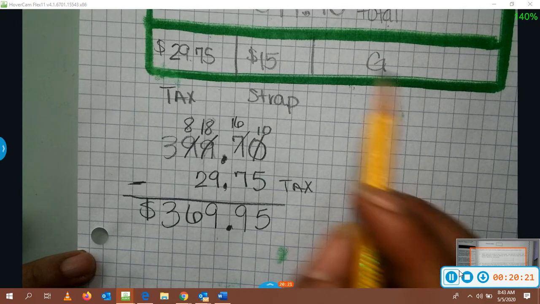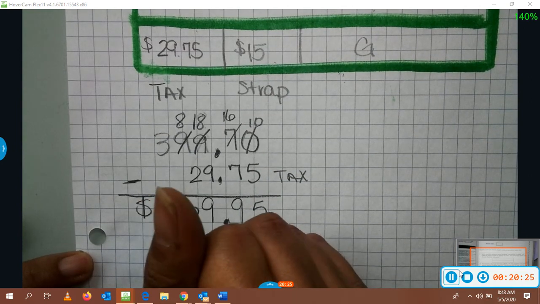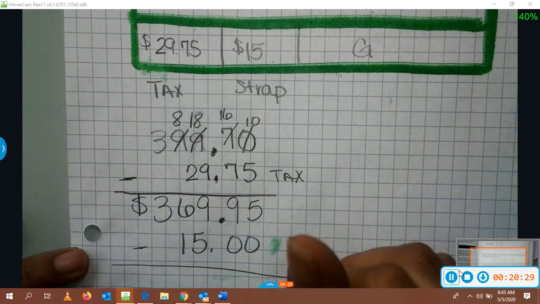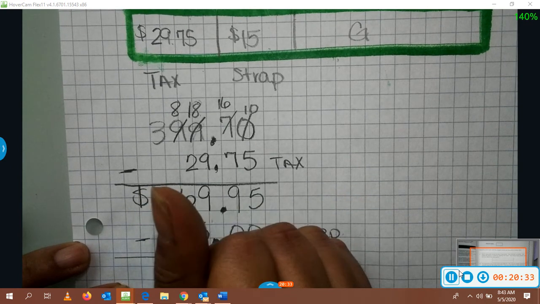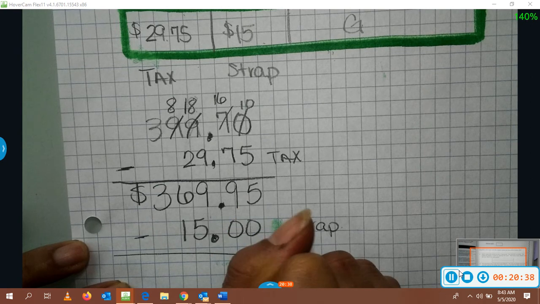Now we have to take out the price of the strap, which was $15. So I'm going to subtract this as well. So I'm going to put the strap over here. So 95 minus 0 and 0 is nothing. You just bring down your decimal point and write your 95.